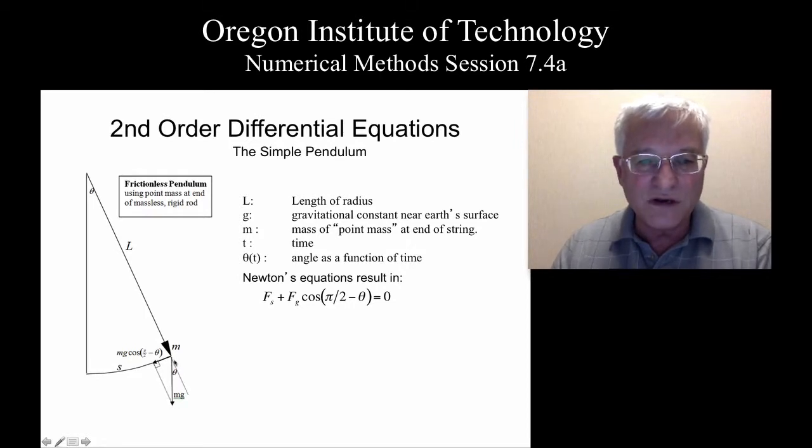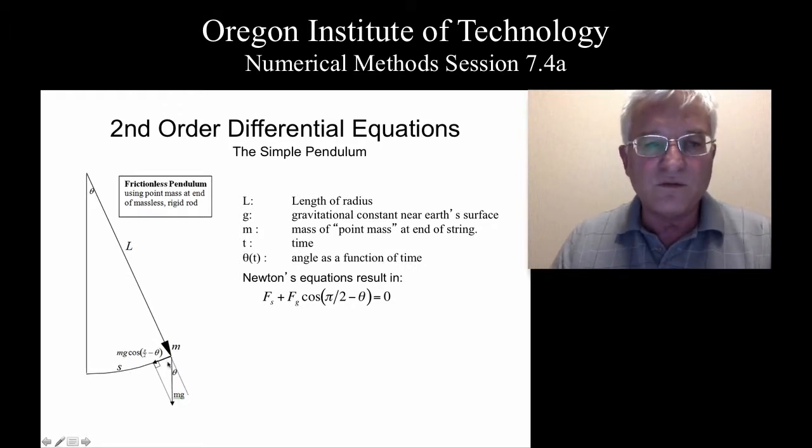That forms a right triangle. That means that the component of force in the vertical direction will end up being m times g times the cosine of this angle that we're looking at next to the mass.